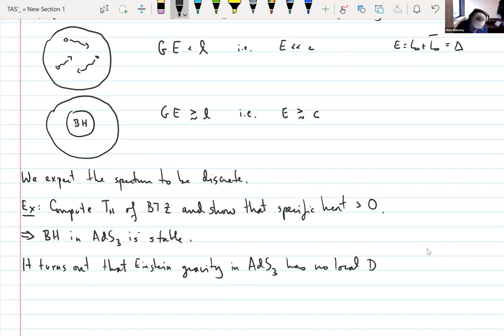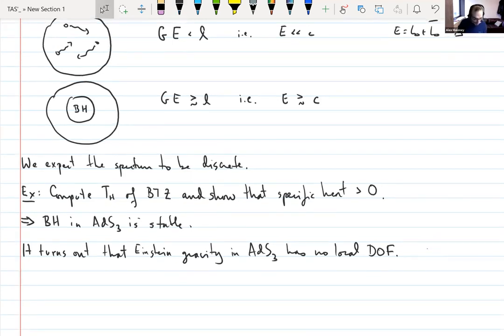That is to say, there are no propagating gravitons in three-dimensional general relativity, as opposed to the 2 local degrees of freedom for general relativity in 4 dimensions. Okay.